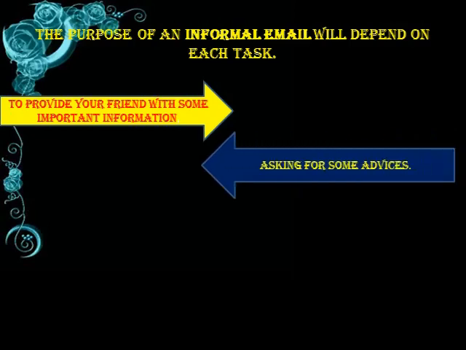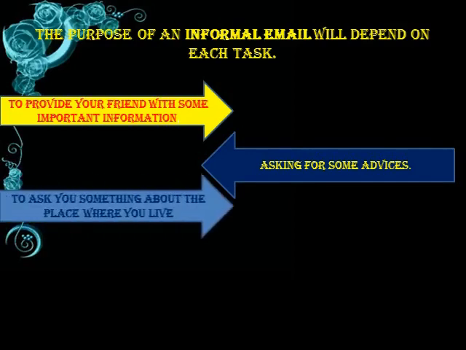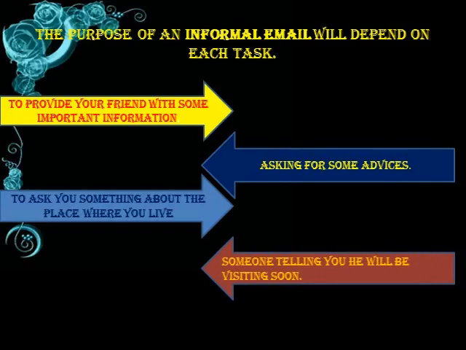Maybe you are asking for advice from a friend or from a relative or from a member of your family. Maybe to ask something about the place where you live, or send information about the place where you live. And sometimes you send an email telling someone that you will be visiting soon, or someone is going to visit you soon.